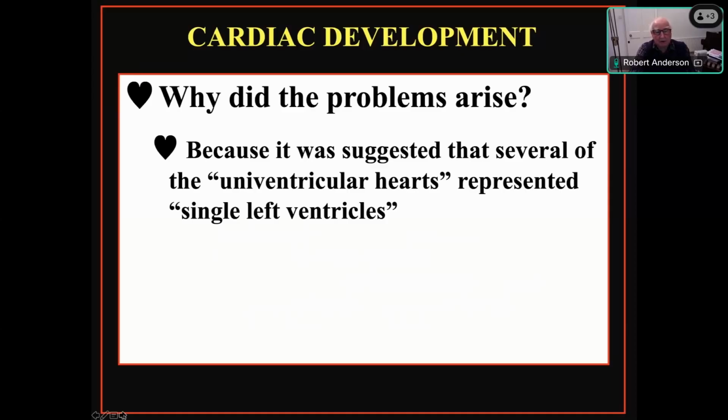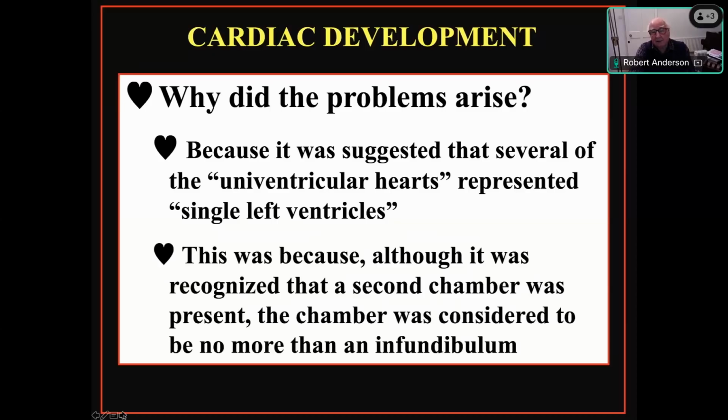Well, there is some truth in that, but the controversy arose because of the presence of the second chamber in these hearts. In fact, it was well recognized that those hearts considered to have single left ventricles did have a second chamber. But the chamber in question was considered to be no more than an infundibulum.